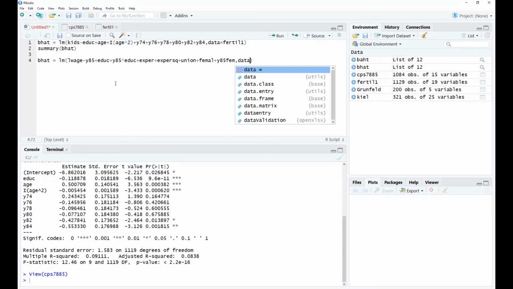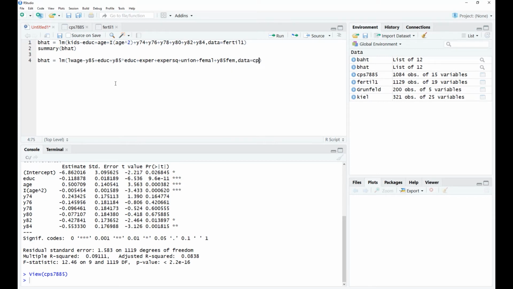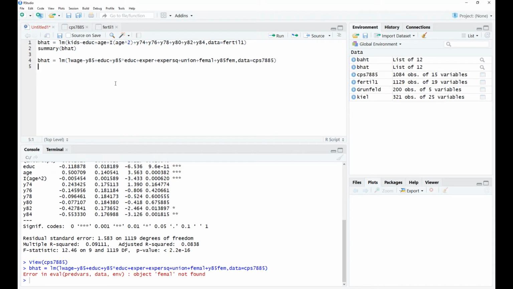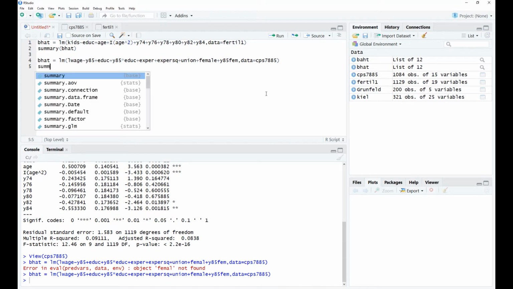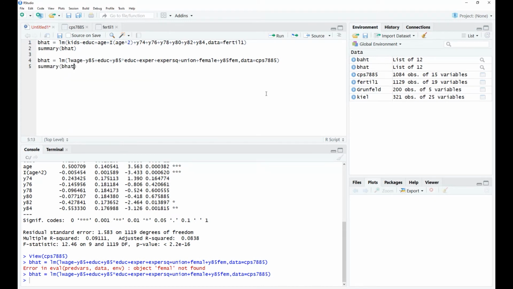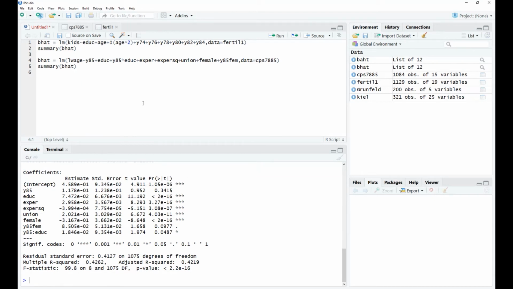And the data is equal to CPS 7085. Then we summarize the data. Now the interpretation of the data goes as follows.